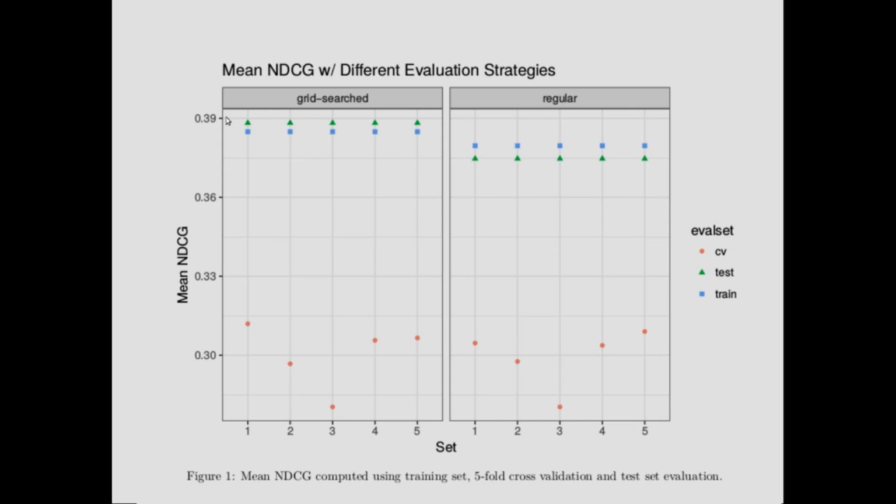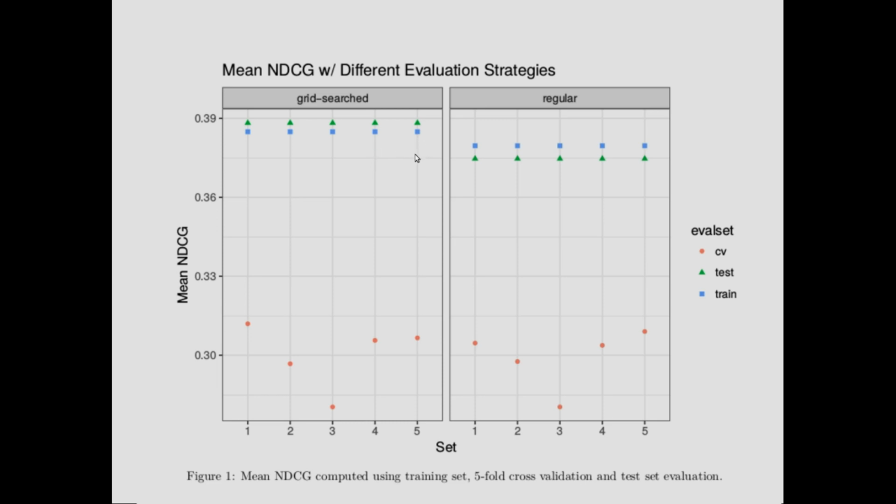The test set evaluation scores are represented by the green triangles here, and they are very close to the training set evaluation scores. And what's even more surprising is in the grid search case, the training set evaluation score is actually lower than the test set evaluation score. So this got me thinking that something doesn't quite make sense.